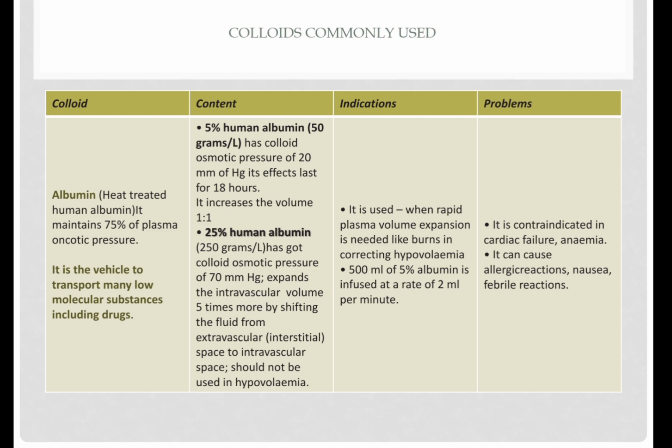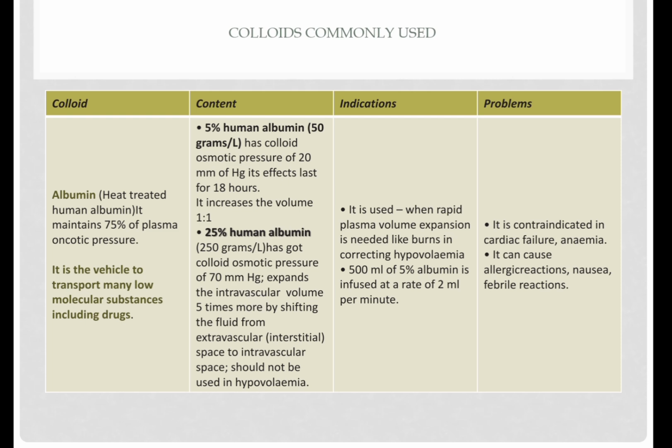This albumin comes in two percentages, 5% and 25%. 5% is human albumin. It contains 50 grams per liter, has a colloid osmotic pressure of 20 millimeters of mercury, and its effects last for 18 hours.